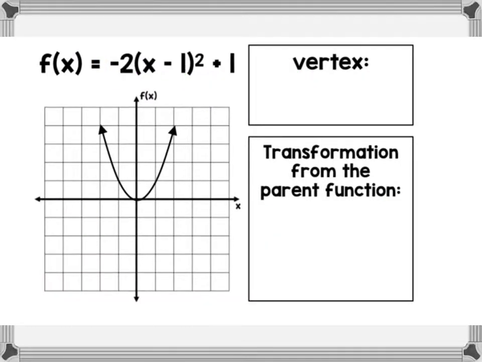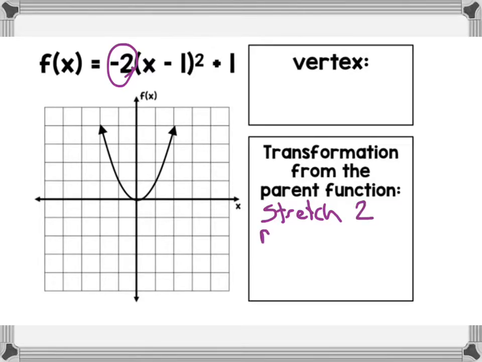So in this next one, we have a -2 as our A. And so -2 has an absolute value greater than 1. So this means this is a stretch of 2.